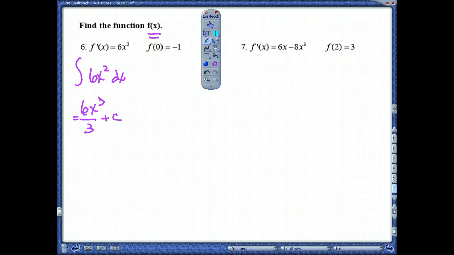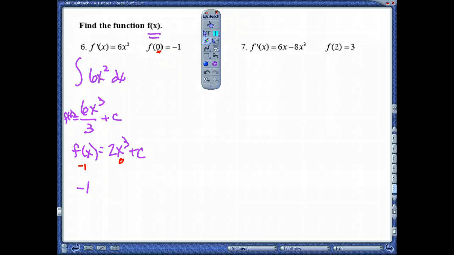Okay, and this is what our f of x is equal to. So f of x is equal to 2x to the 3rd plus c. Then we're going to put our values in. We're going to put 0 in for the x. So 0 is going in here for the x. -1 is going in for the y. Remember, f of x is our y.